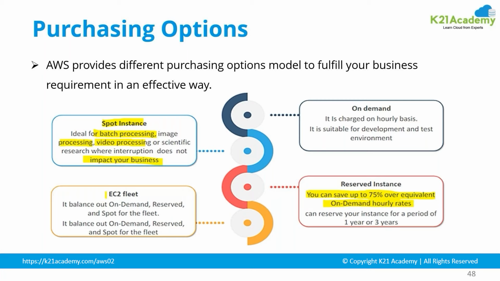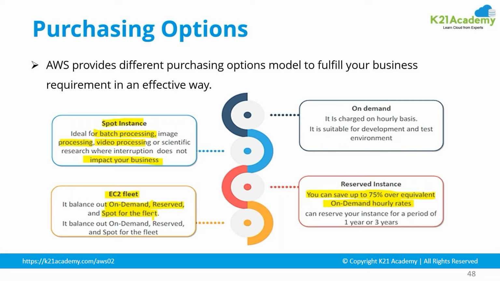You can use Amazon's fleet management, where you can mix and match these three types of instances in your fleet. So you can keep some of them as on demand, some of them as RI, that is reserved instances, and few can be kept as spot behind the load balancer.